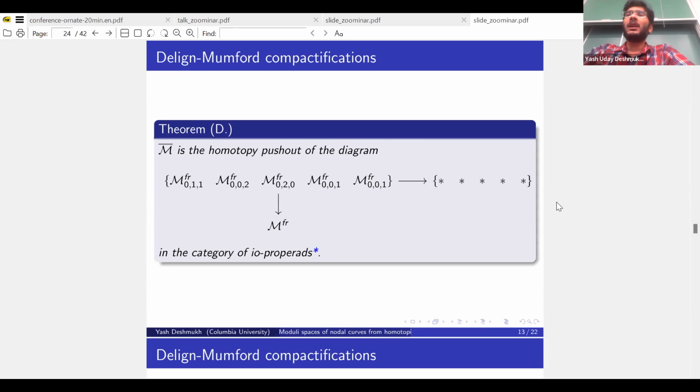And we are taking the pushout along a map, which takes some subproperad of this properad of framed Riemann surfaces and maps it into a properad constructed out of just points. This is some sort of trivial operad in arities that I have indicated.